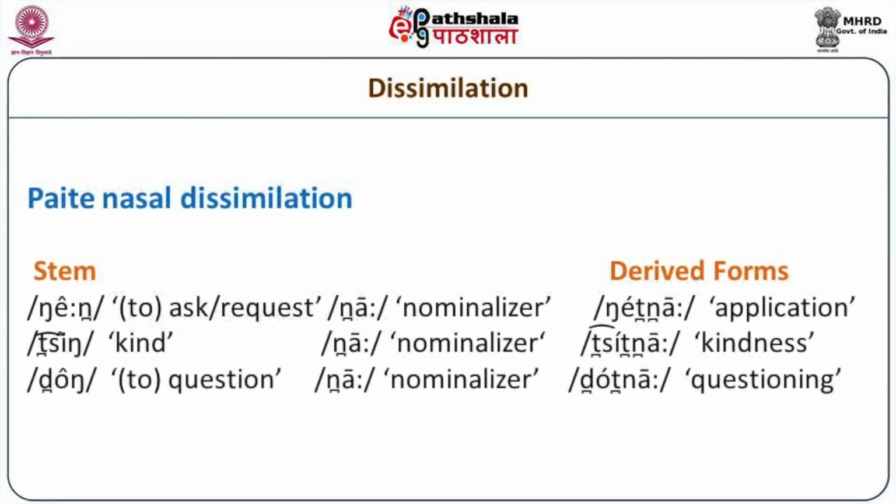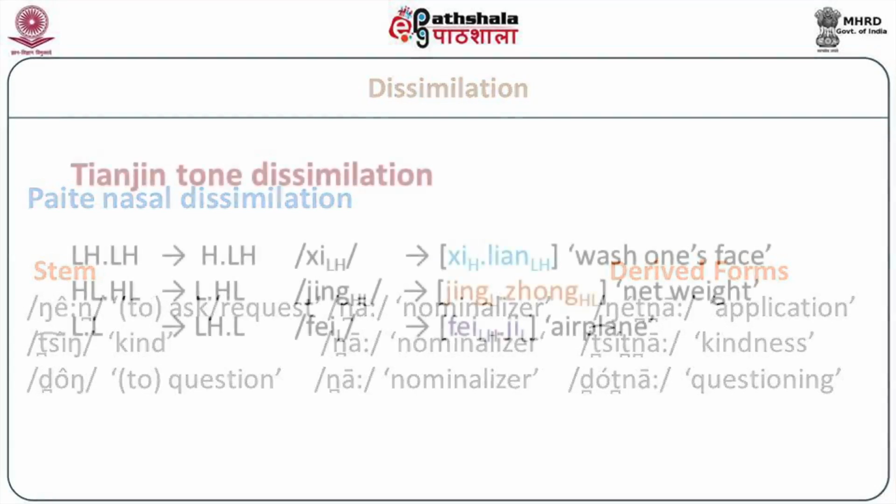Thus you notice that in Paite, when a nasal is followed by a nasal, then one of them becomes a plosive. We also have dissimilation of tones. When two similar tones occur together, one of them becomes different from the neighboring one.